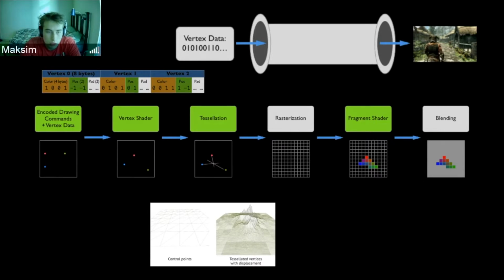You can also see here that some of the stages are colored green. The stages that are green, we have full control over. And for the other stages, for example rasterization, we let the GPU handle rasterization for us, and we can't change this stage, as well as blending. But going one by one, we have just simple sending of the vertex values to the GPU.